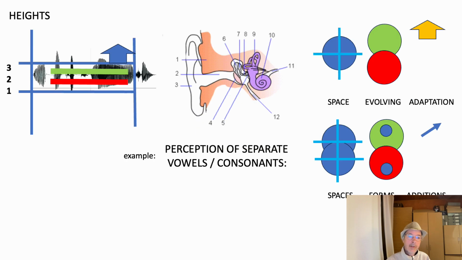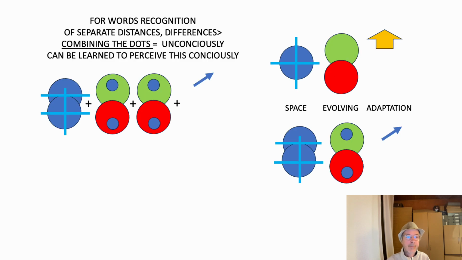So here are some examples, so I can distinguish some distances in spaces, some formations of forms, and some extra additions in the letters, so I can hear them and I can visualize them. How they are combined, that's another matter. These distinctions are separate in our perception, but to combine them, we do that automatically in our brain, and then we connect the dots actually.